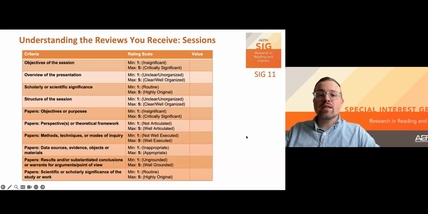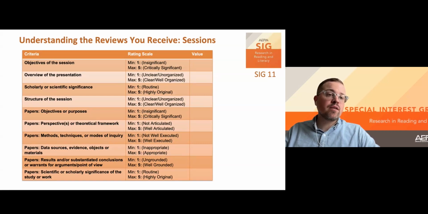If you're submitting a session, you'll see that peer reviewers will be asked to rate the session on 10 criteria. The first criterion is the objectives of the overall session, which will be rated on a scale from 1, insignificant, to 5, critically significant. Second, the session will be reviewed in terms of the overview of the presentation on a scale from 1, unclear or unorganized, to 5, clear or well organized.